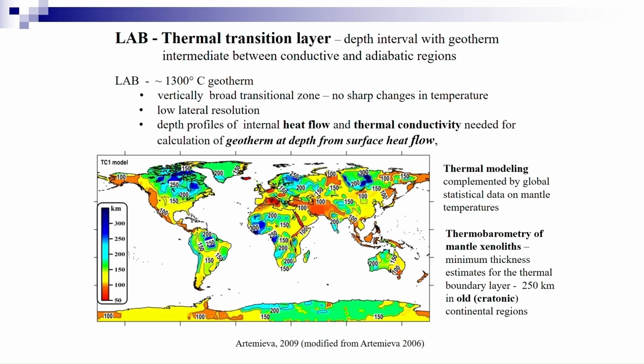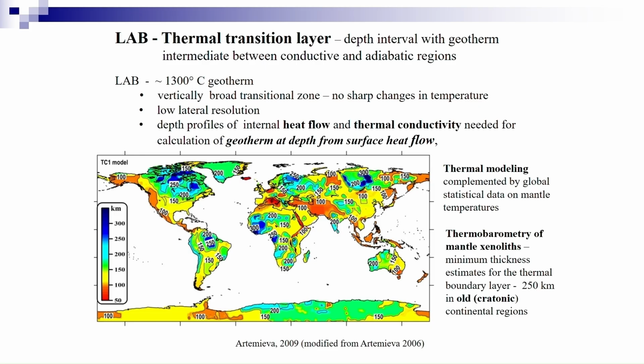The first example shows the LAB as the thermal transition layer, that is, the depth interval with geotherm intermediate between conductive and adiabatic regions. The LAB is associated with about 1300 degrees geotherm. It represents a relatively broad vertical transition zone with no sharp changes in temperature and with low lateral resolution.